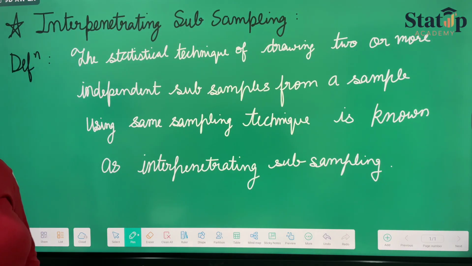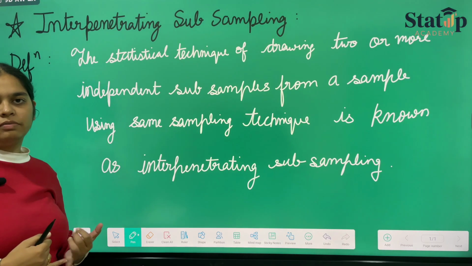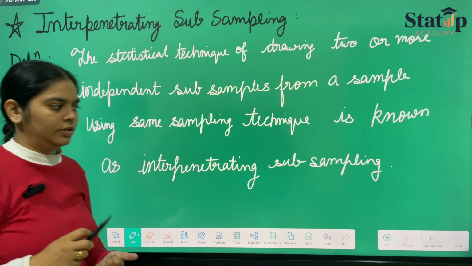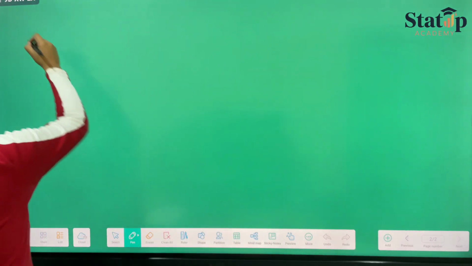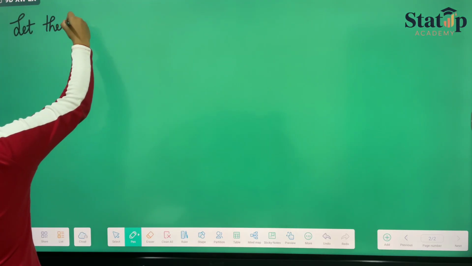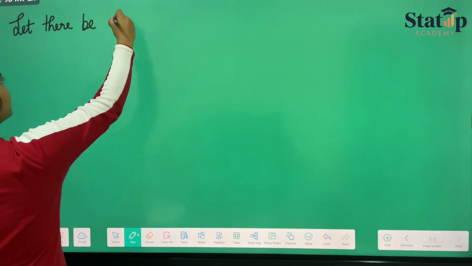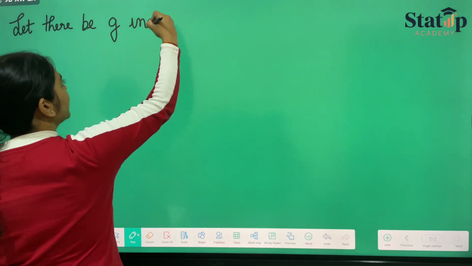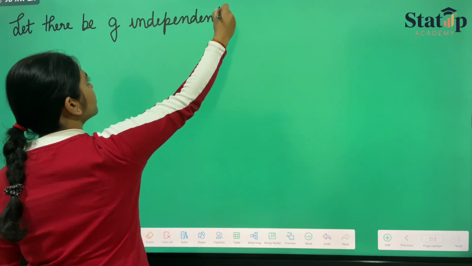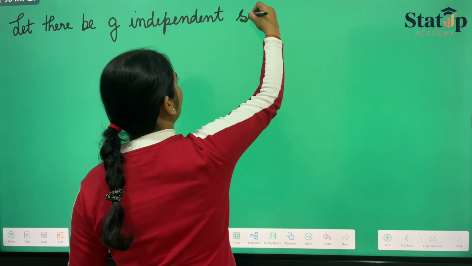So now we'll just define the estimation, variance and estimation of variance, and then the confidence interval as well. So let us consider, let there be G independent subsamples.